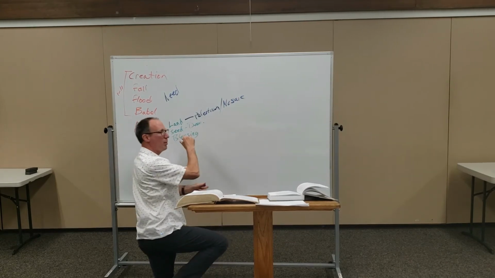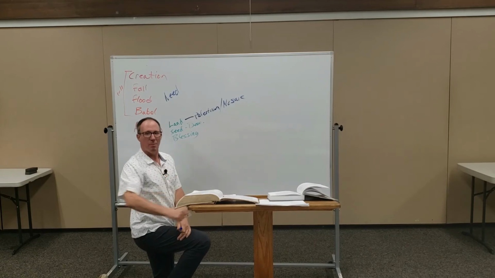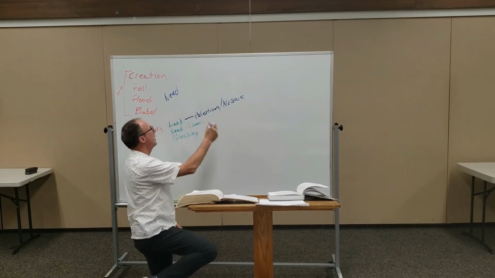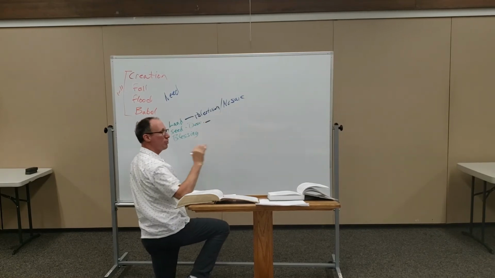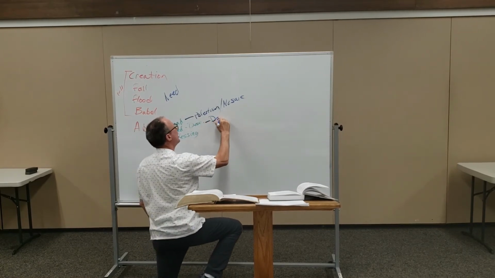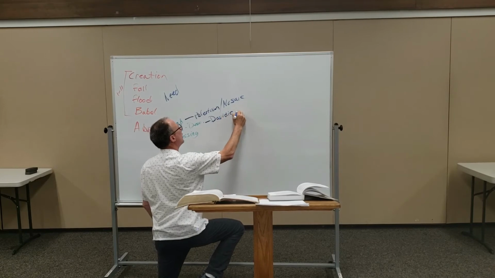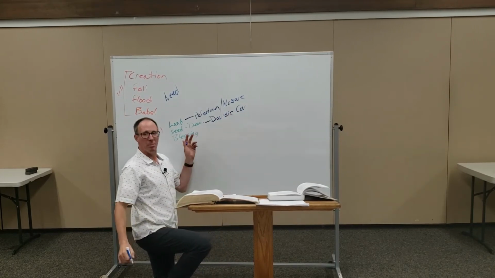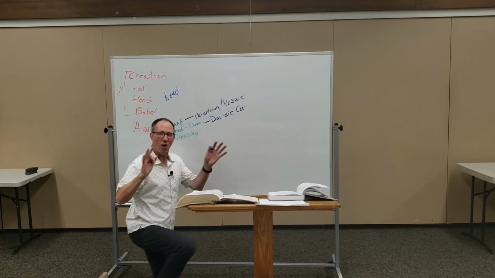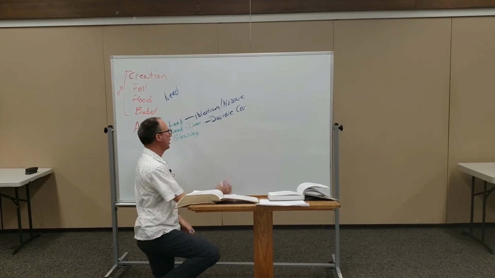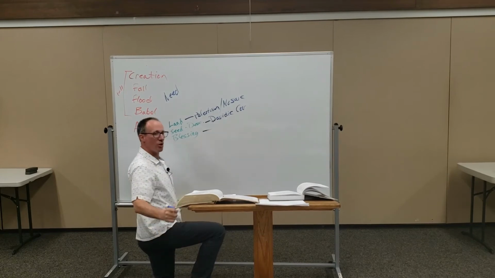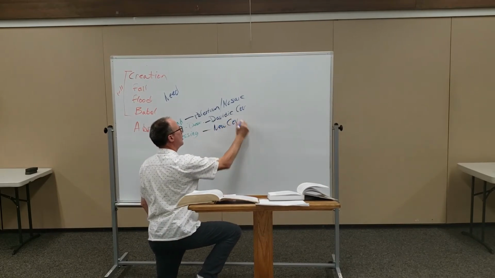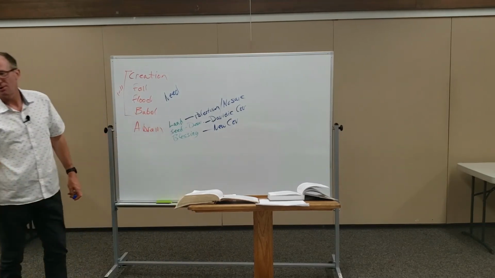There is a promised descendant, a particular descendant in whom the blessing is going to come, and that is going to be expanded further in a Davidic covenant. And then there is a blessing by which all nations of the earth are going to be blessed, and that is going to be unpacked in the New Covenant.